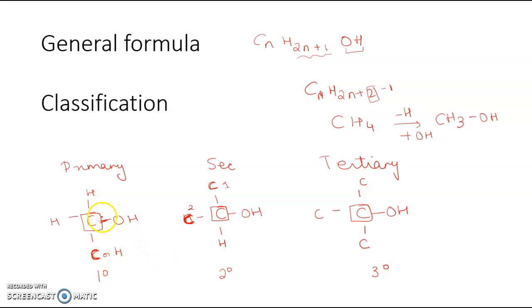So if we give them names or write a formula, this could be CH3CH2OH. So this is your 1-degree alcohol, which is ethanol. This could be CH3CHOHCH3.